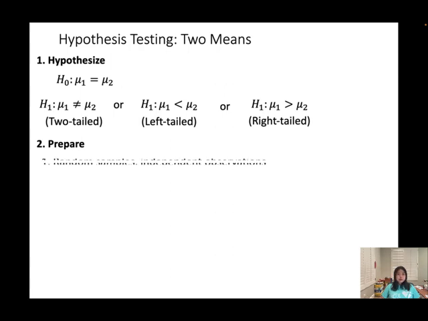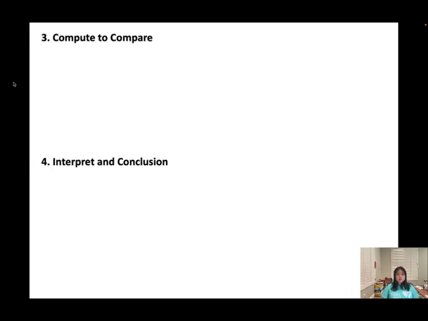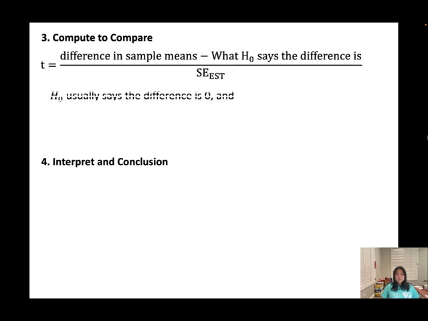Okay, prepare. Random sample and independent observations. Number 2, independent samples. And also both populations are approximately normal or both sides are at least 25 or more. Okay, right? So pretty similar to the population proportion. Number 3, we're gonna find the test statistic.